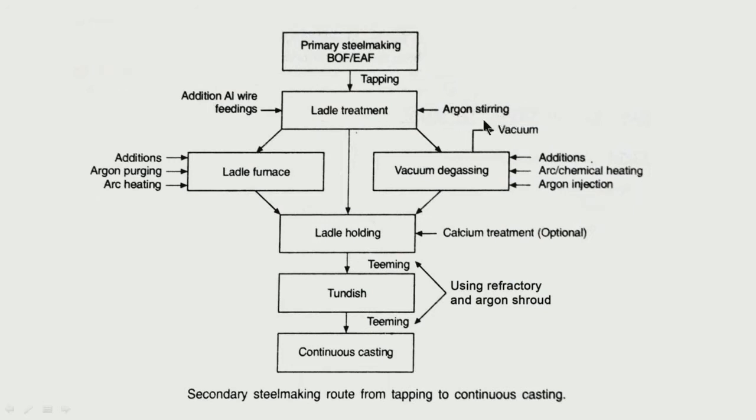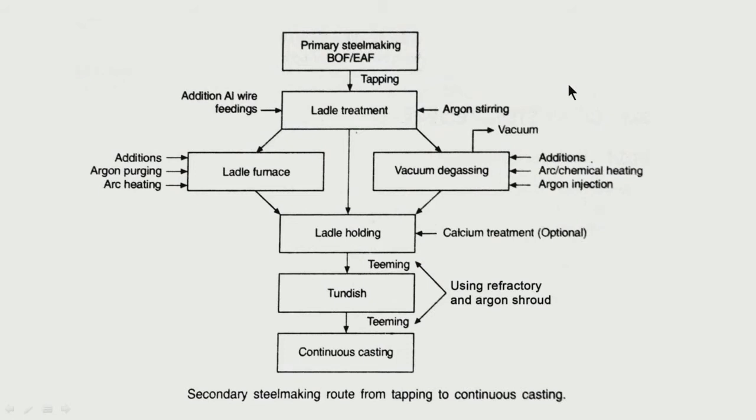Some argon rinsing is necessary, I have told you. Why? Because argon can be sent in the ladle from the bottom, and this will enhance the flotation of the alumina type of inclusions or silica type of inclusions which are forming by the deoxidation reaction. This will enhance the inclusions to float up and get absorbed by the slag.